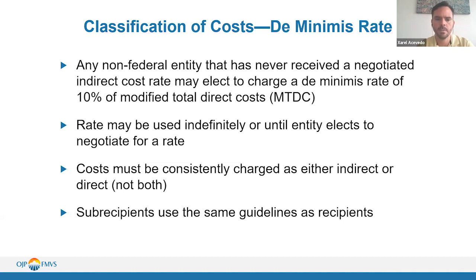Yes. If you, as a grantee, use the de minimis rate, your subrecipient can also use that de minimis rate, okay? It used to be that they could only use a negotiated rate if you had one. Now they can also use the de minimis rate.